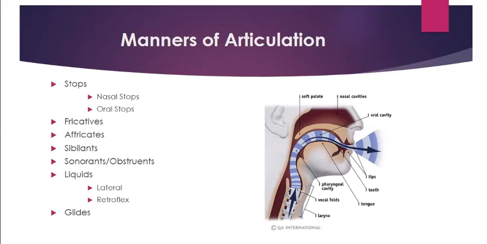There are oral stops, you know oral stops, right? So pa, ba, ta, for example. But nasals are also considered stops. Why? Why pa and ba are considered stops is easy, you're blocking the air. But why nasals? Because when you do the sounds, you stop the air from going out through the oral cavity, so it goes through the nasal cavity. Exactly. Okay, good.